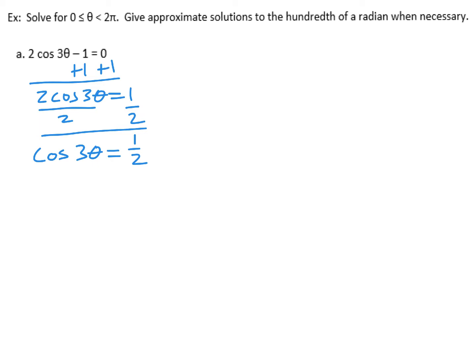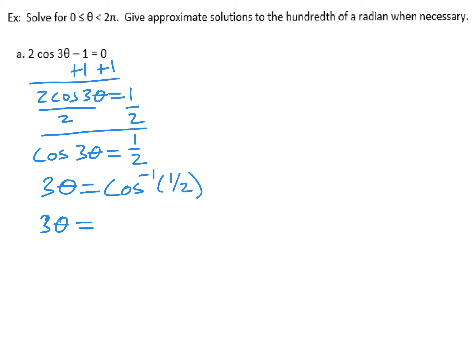We do the inverse. So 3 theta would be cosine inverse of a half. Right, this is the same that we've done before, except instead of theta being by itself, we've got a 3 with it, which is fine. Just go with it. For now, we're just gonna carry the 3 along, okay?